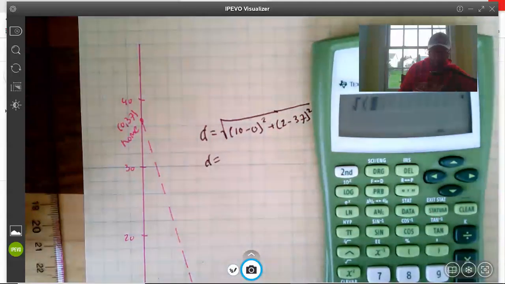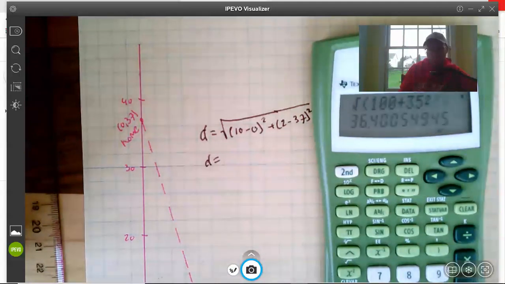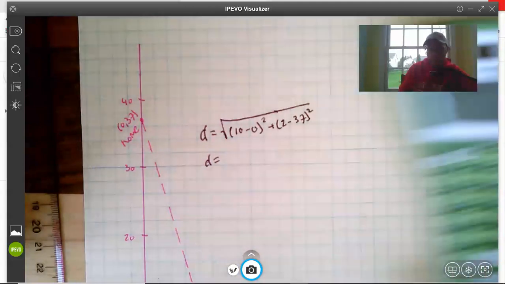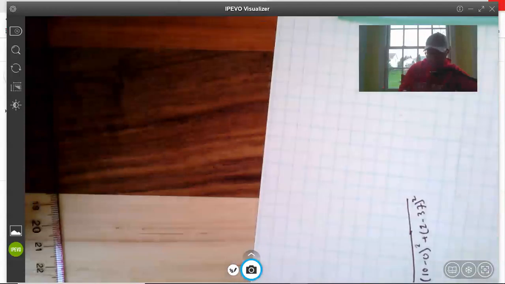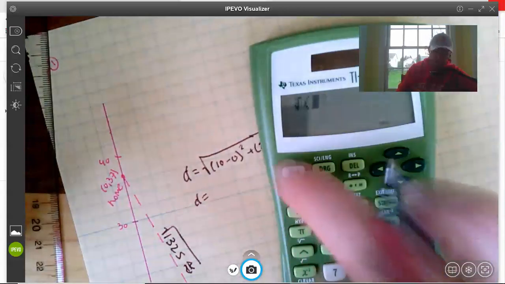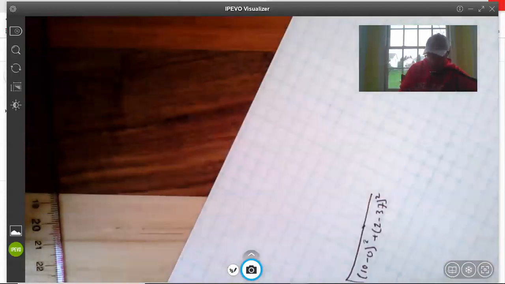Square root of 100 plus 35 squared gives us 1,325. So this is the square root of 1,325, which is approximately equal to 36.40.